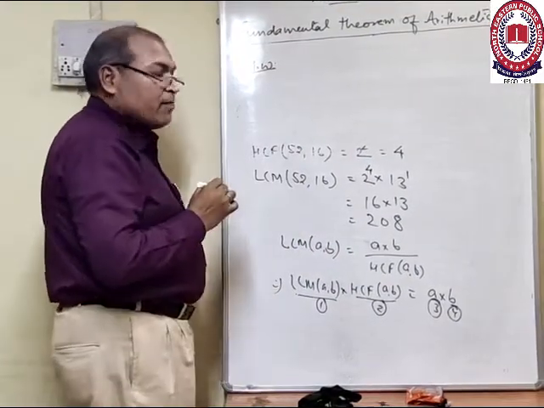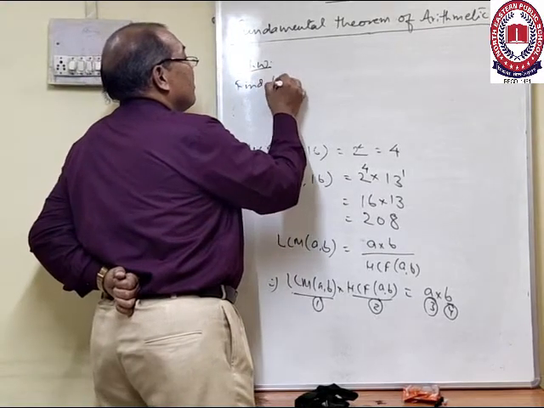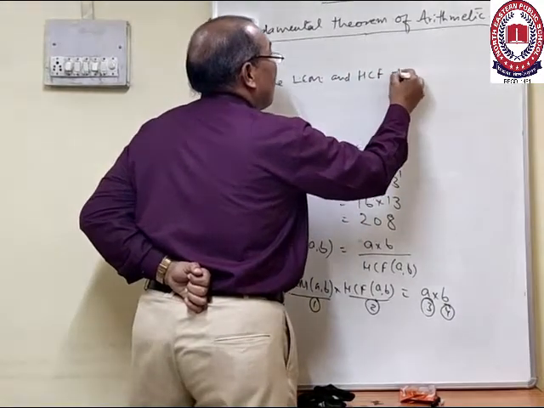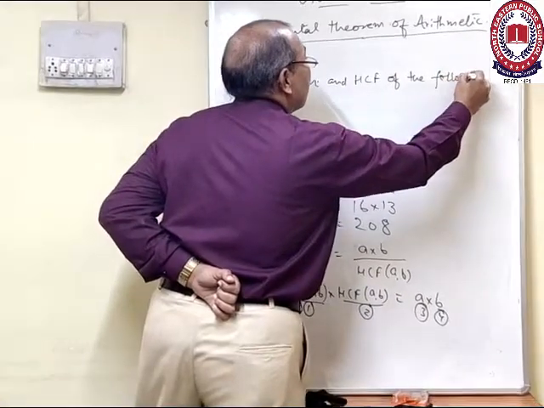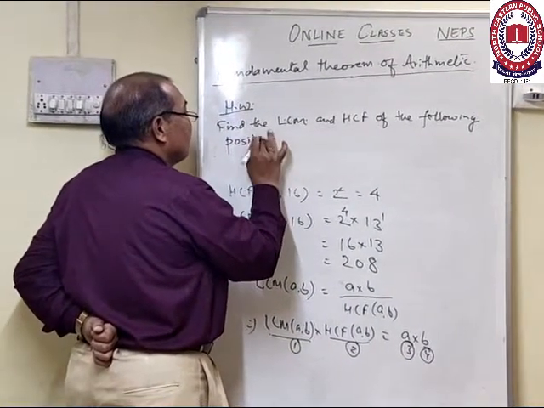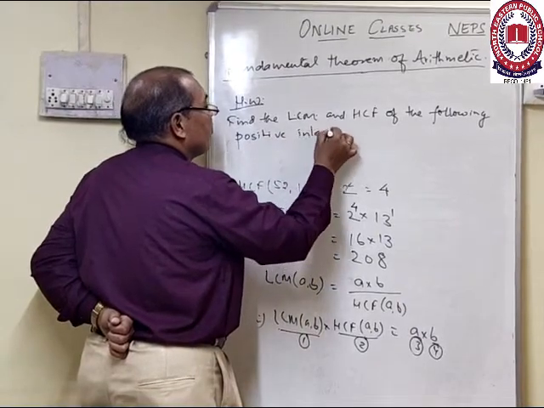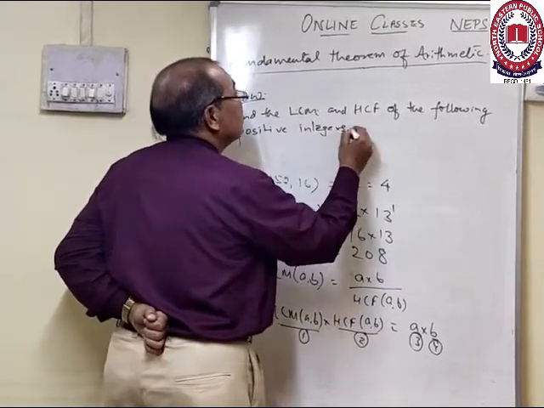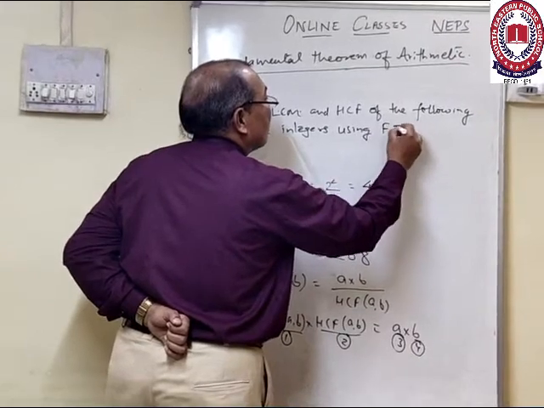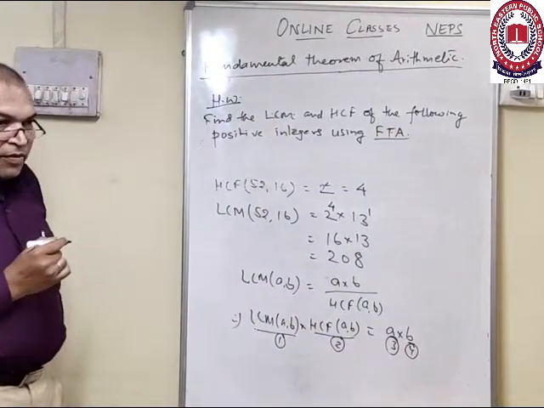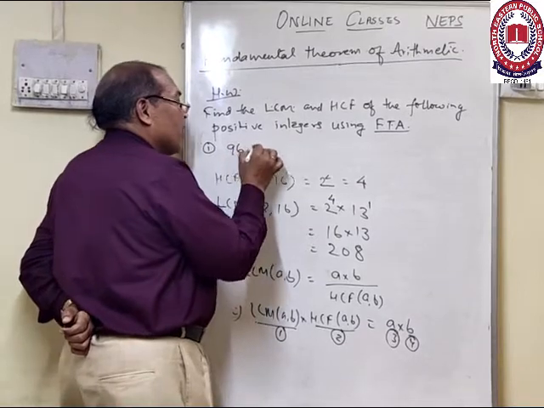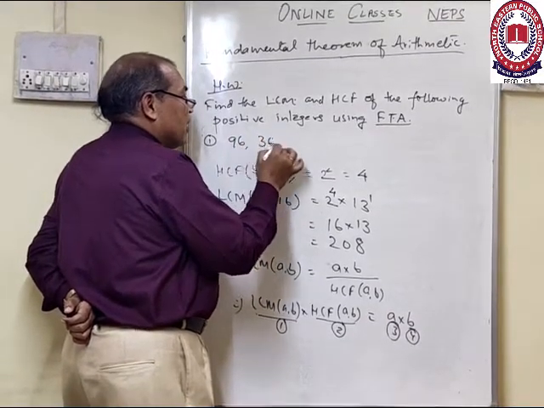So homework related to this. Find the LCM and HCF of the following positive integers using the fundamental theorem of arithmetic, in short written as FTA. First example, 96 and 36.